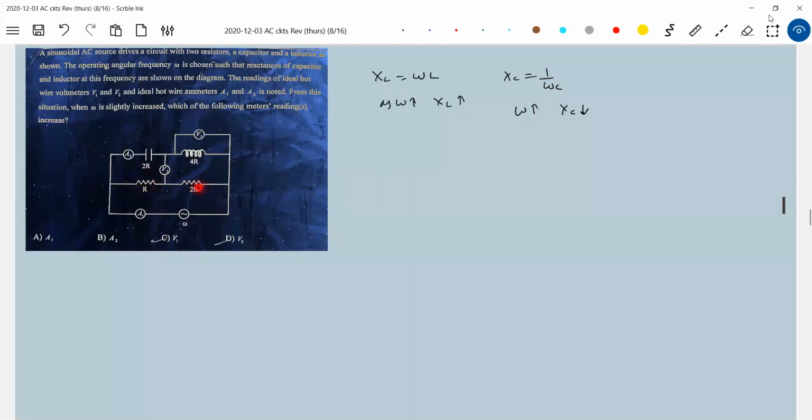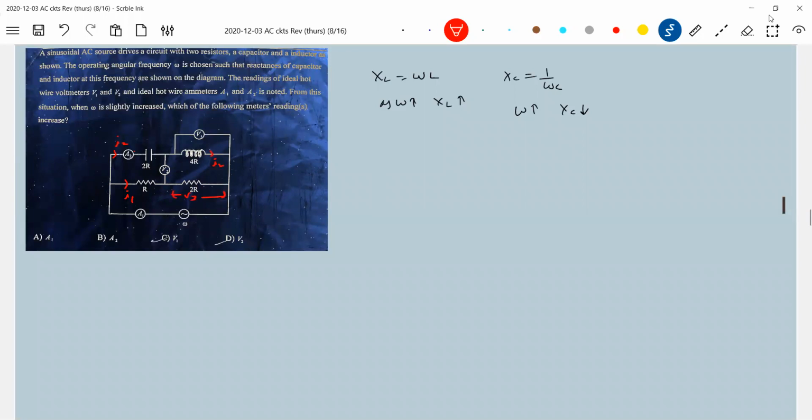No change. So here, if omega changes, will anything happen to the current in this branch? Any effect on current I1? Let's see I2. There won't be a change in the drop across this. Let me write VA or V3, because we already took V1 and V2.